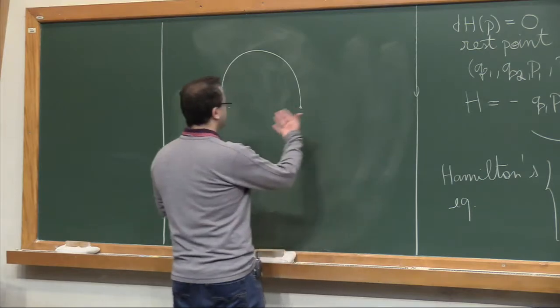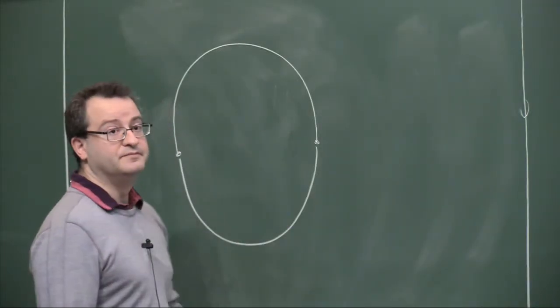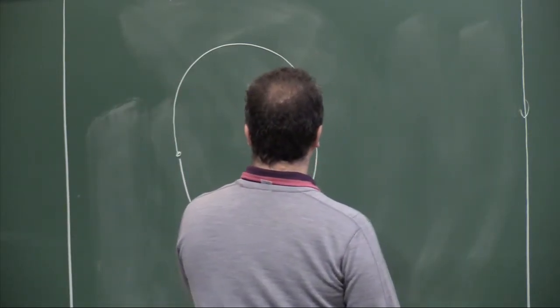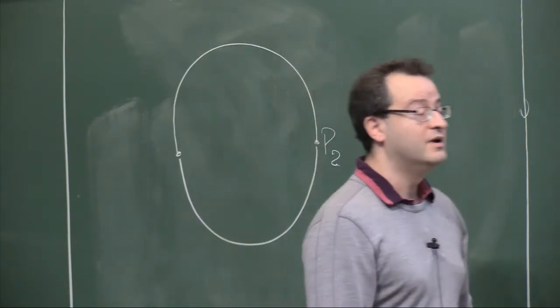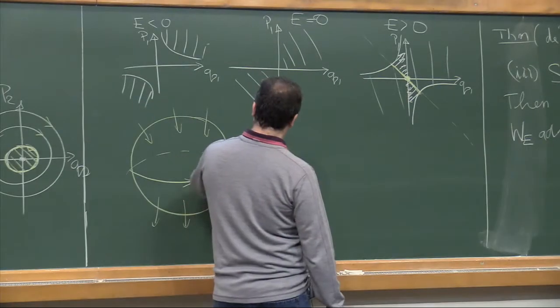I'll draw a section of this foliation. So this is the belt sphere in the neck, just a section. So here is this orbit that we call P2, because it has Conley-Zehnder index 2.